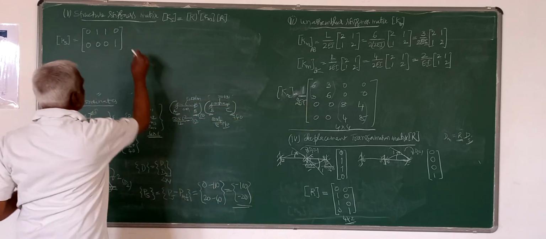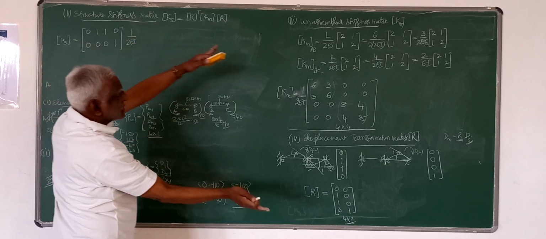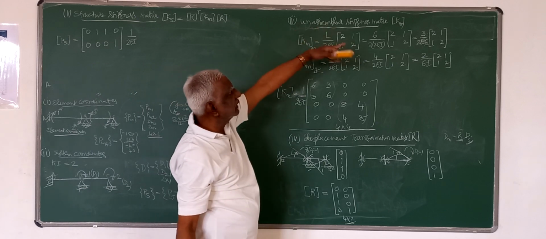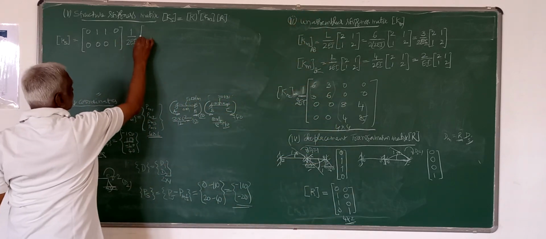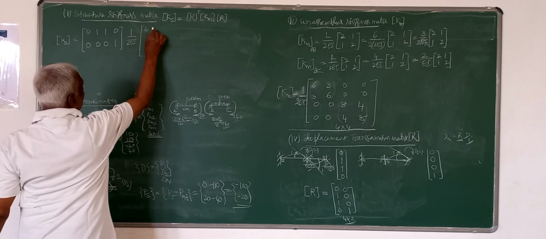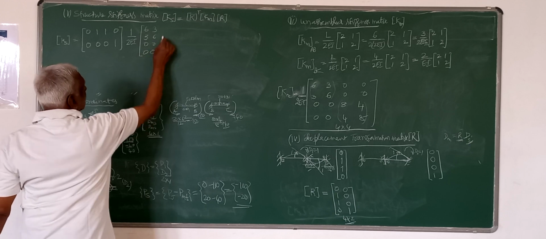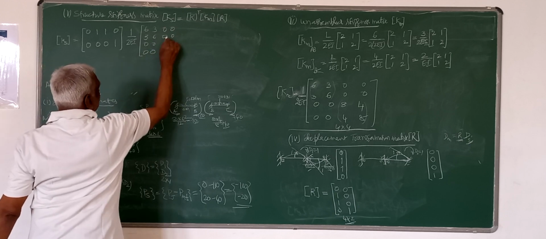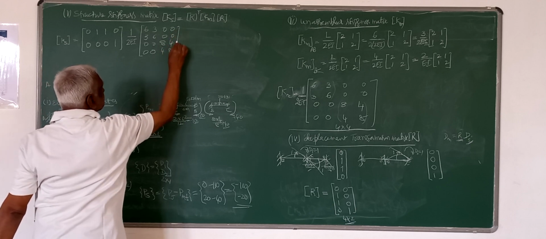KM I have generated here, that is for the unassembled matrix for the entire structure I have assembled, so that is nothing but 1 over 2 EI, 6 3 3 6, then 8 4 4 8.